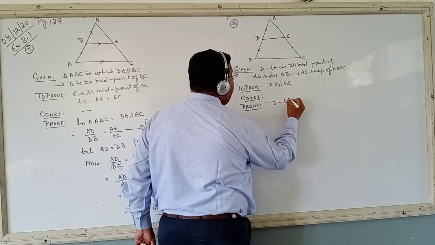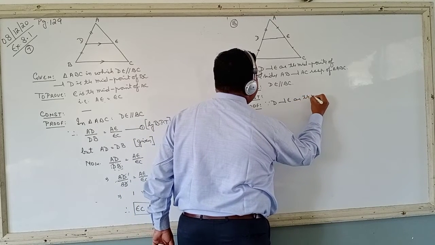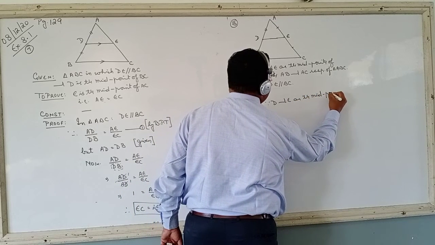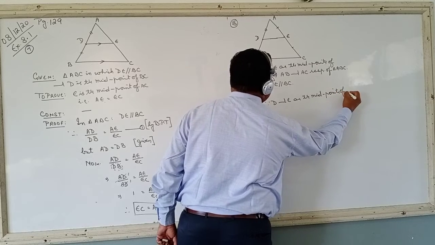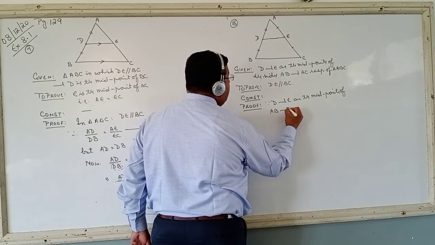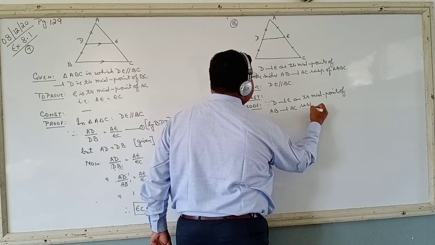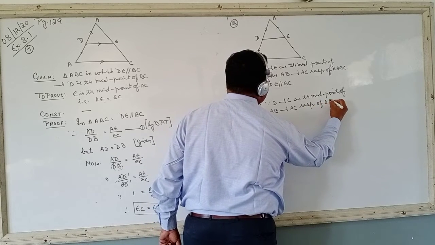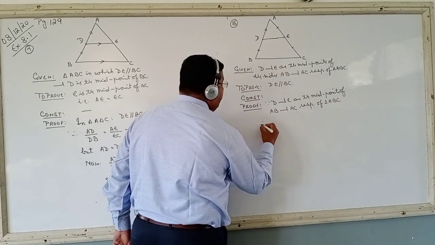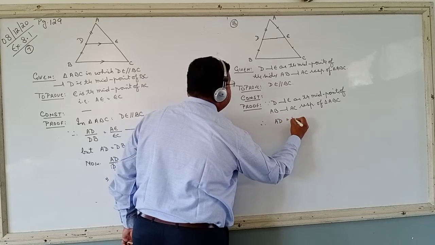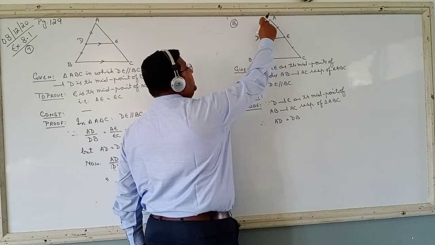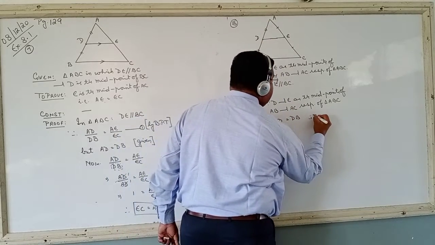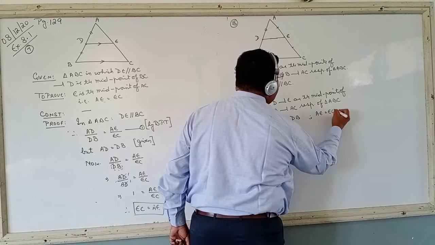Because D and E are the midpoints of AB and AC respectively of triangle ABC. Therefore, can I say that AD is equals to DB? Definitely, sir. Can I say that AE is equals to EC?